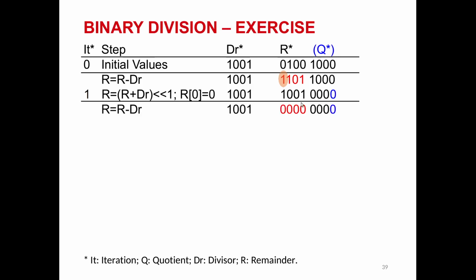At the second step you need to take these 4 bits and minus dr here. So the result here is 0 0 0, and this 0 means it is a positive or 0 number, and so we don't need to revert the value back.